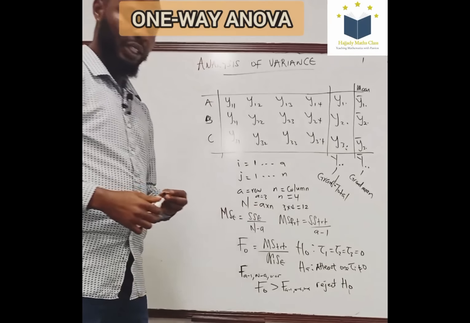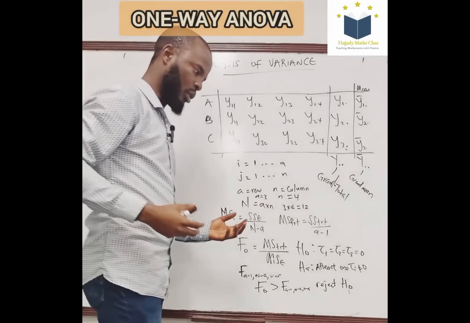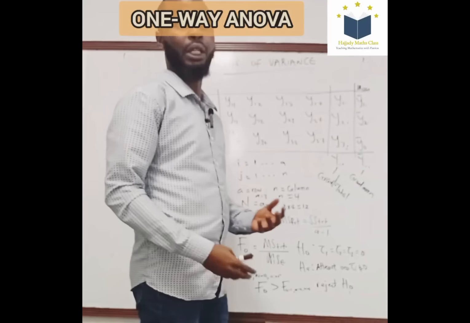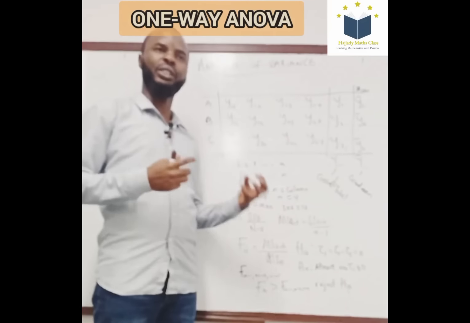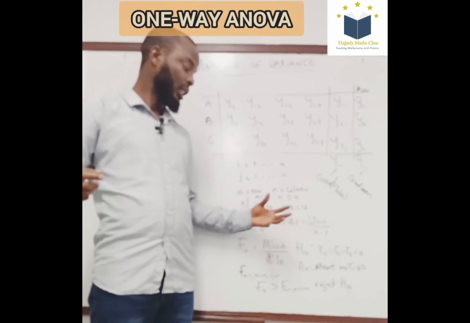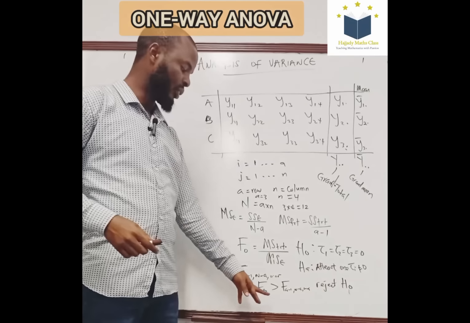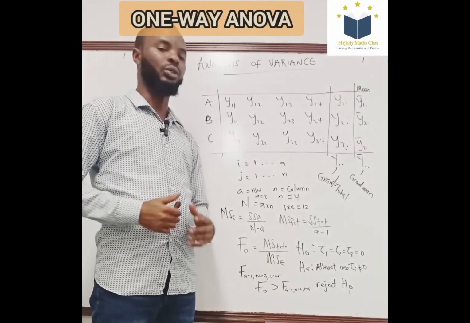When you reject H naught, your conclusion is that there's a significant difference in the treatment means being compared in the experiment. But if it is not greater, if the value is less, then you do not reject.